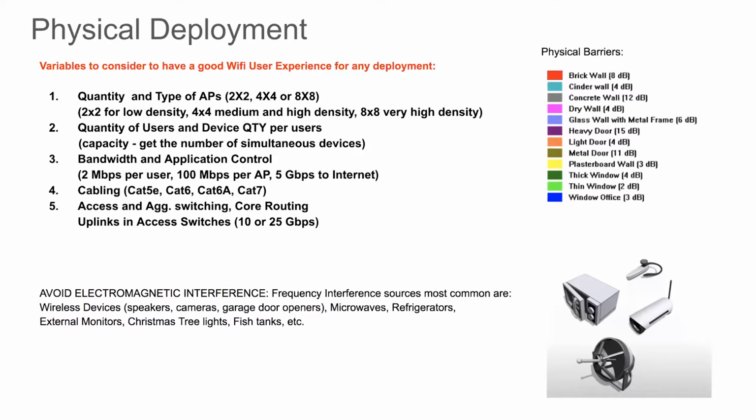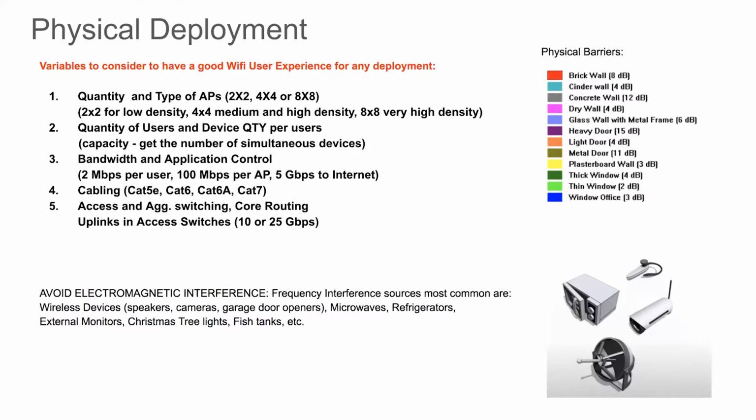Usually in certain areas, we put 2x2 APs. In other areas with a higher flow of users, we normally put 4x4 or 8x8. And in others, we used to put 2x2 or 4x4. In other words, we do not use the same type of AP for the entire project.